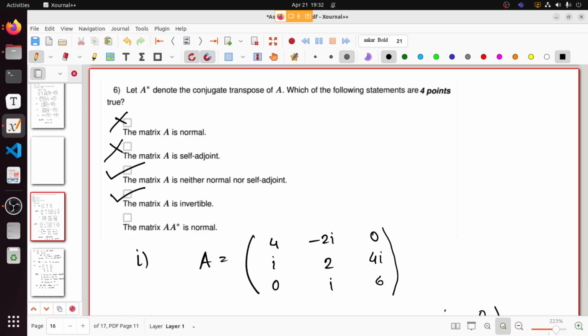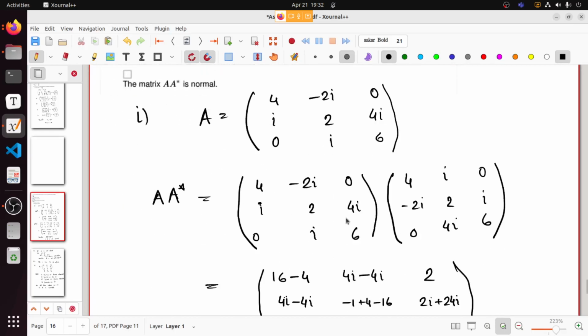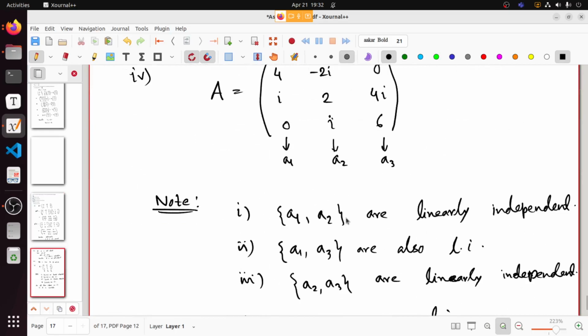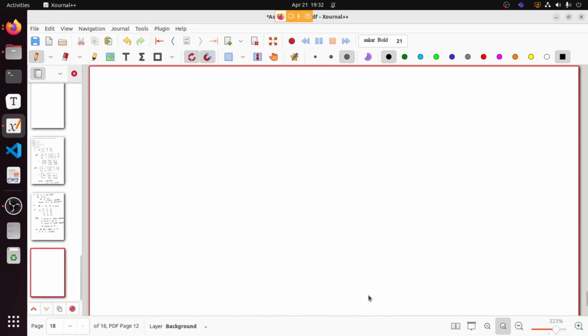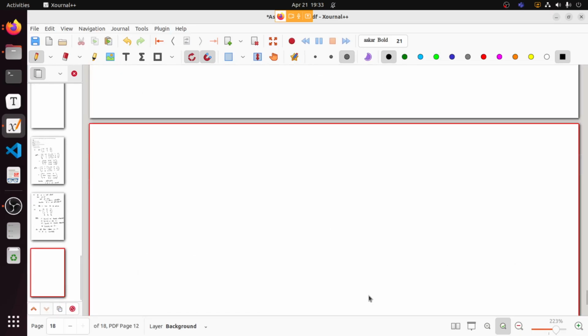Now what is the last option? It is saying that the matrix A star is normal. This is in general true, so let's check that. This does not depend on the matrix. A star is normal, right?